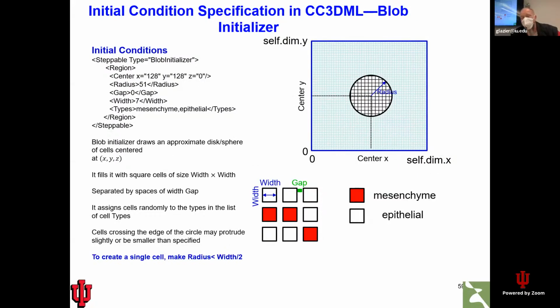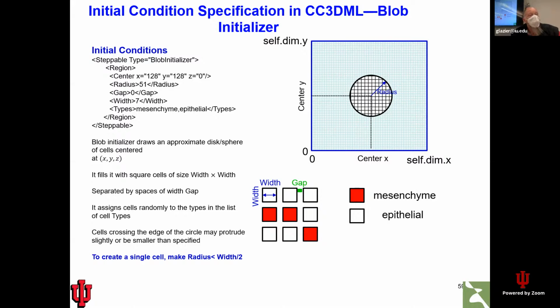So one of the things we'll find in simulations is a lot of times we'll create one of these artificial initial configurations. We'll run the simulations for a little while to eliminate the graininess of the initial configuration and then start the simulation for real. A blob initializer basically looks the same, except it draws a rough circle.